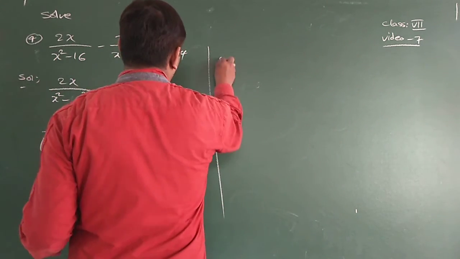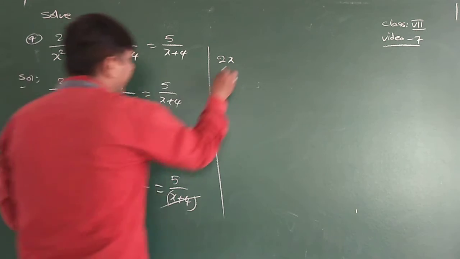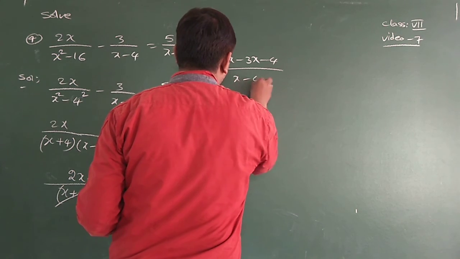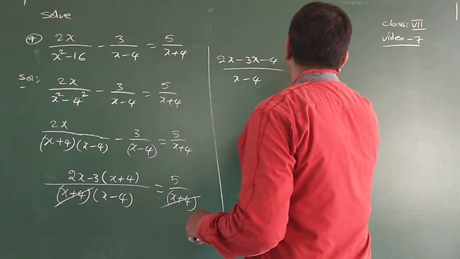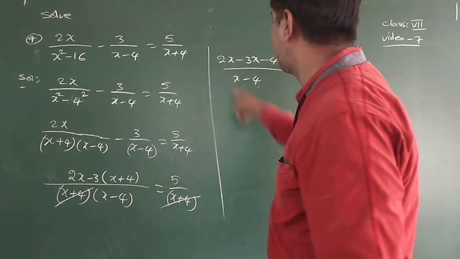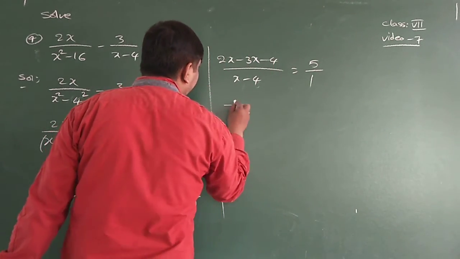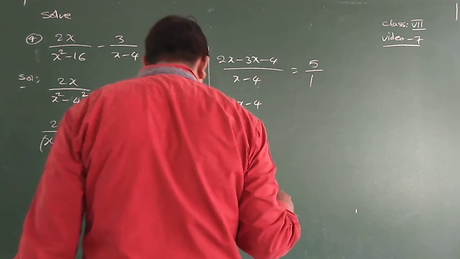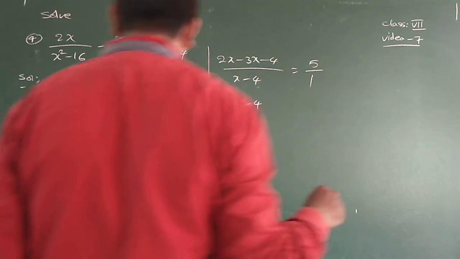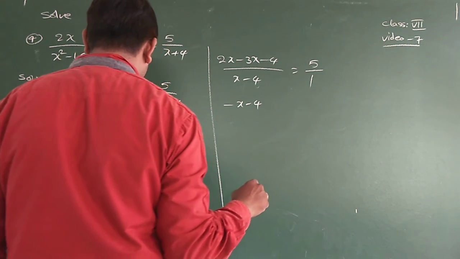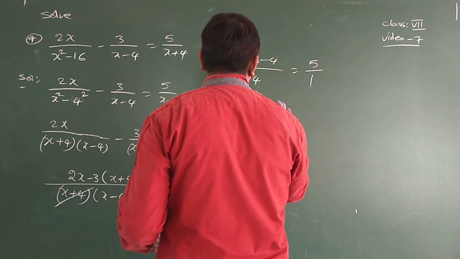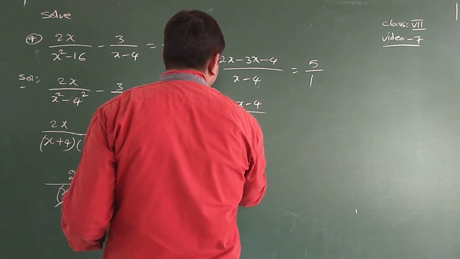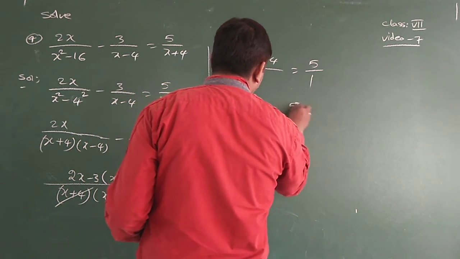So next, 2x minus into plus minus 3x minus into plus minus 4 by x minus 4 is equal to 5 by 1. Now 2x minus 3x is minus x. Minus x minus 4 by x minus 4 is equal to 5 by 1.